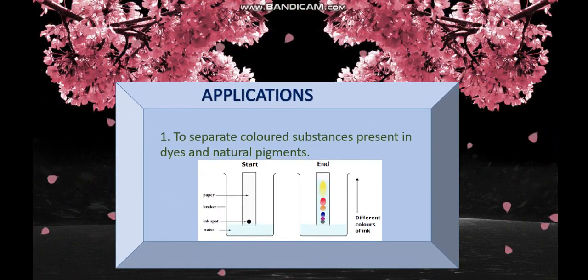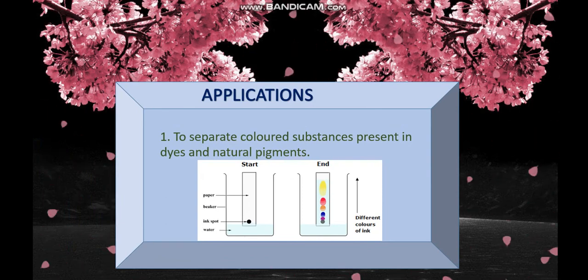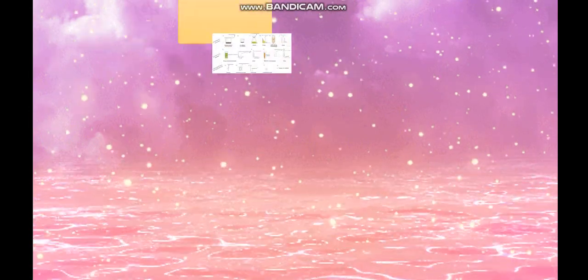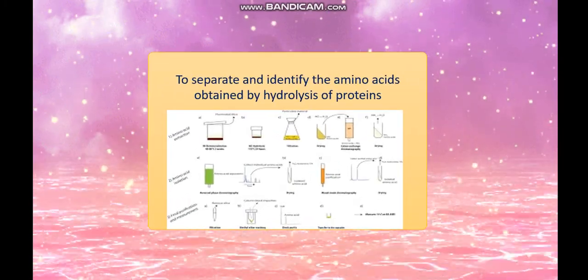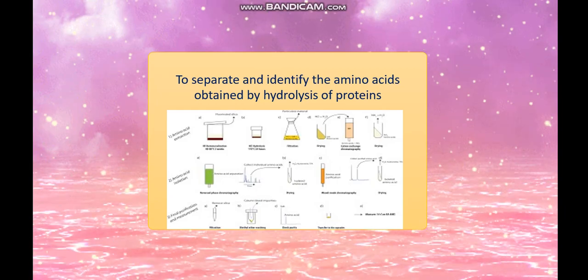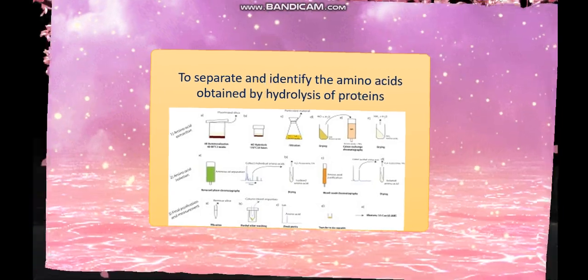Coming to applications: to separate colored substances present in dyes, as we have done in this activity, and natural pigments such as those in leaves and flowers. And to separate and identify the amino acids obtained by hydrolysis of proteins, which is done by liquid gas chromatography.